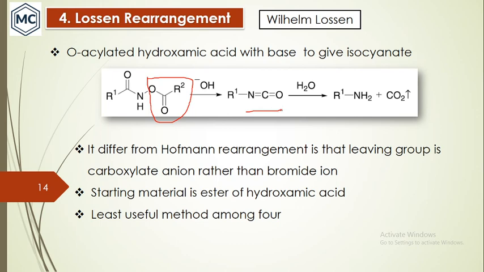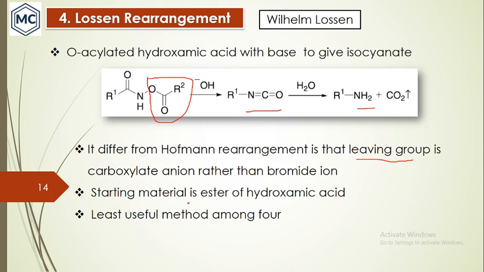In each case we are getting isocyanate, and finally isocyanate is hydrolyzed to give amine. It differs from the Hofmann rearrangement in that the leaving group is carboxylate anion rather than bromide ion.